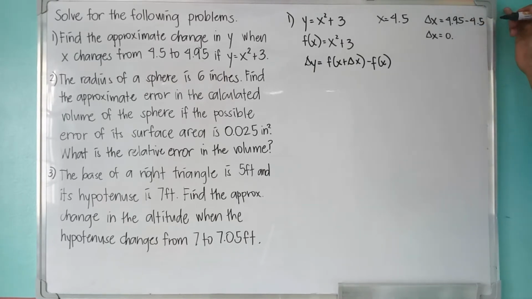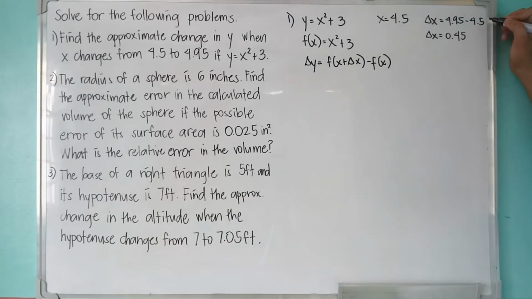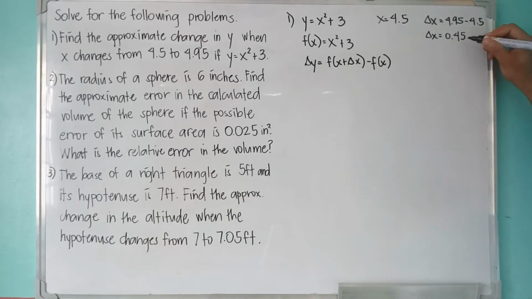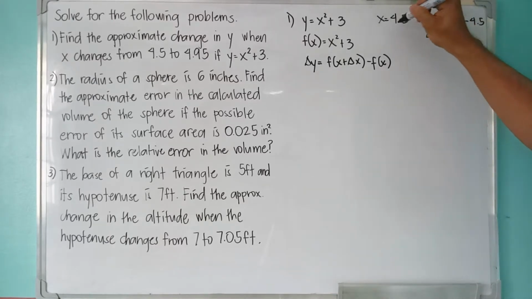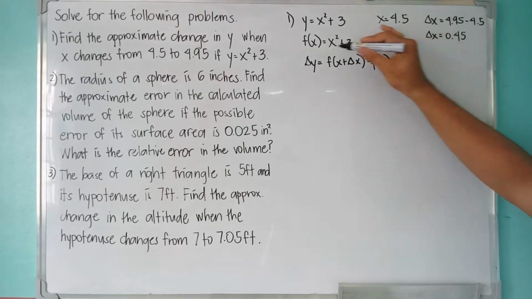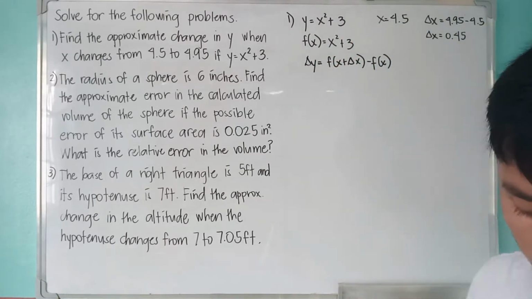So si delta x equal siya ngayon sa 0.45. Kung i-calculate nyo na lang guys, 0.45 kasi 0.50 plus 4.45 is 0.95, diba? So ito ngayon yung x natin and yung delta x natin, nasa-substitute natin dito para makuha yung value ng delta y natin.